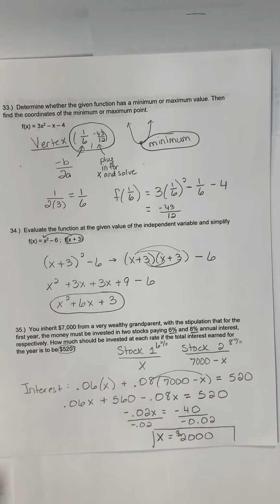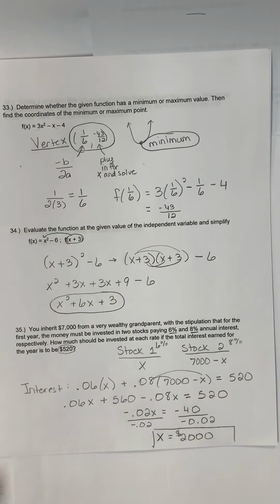There we go. Now we're not completely done, but we're able to finish because we now know we put in, because this is what x was. X went into stock 1 at the 6% interest. Okay, what went in at 8% interest? 7,000 minus x.